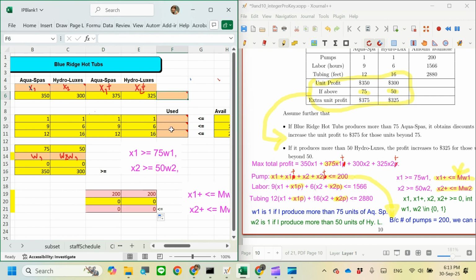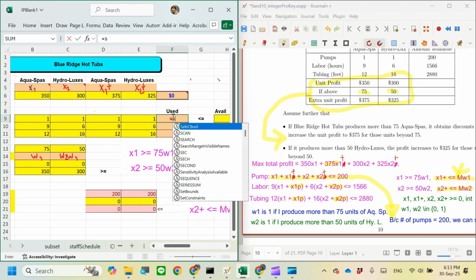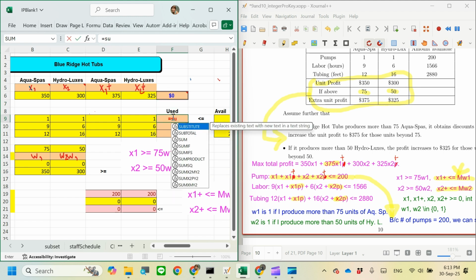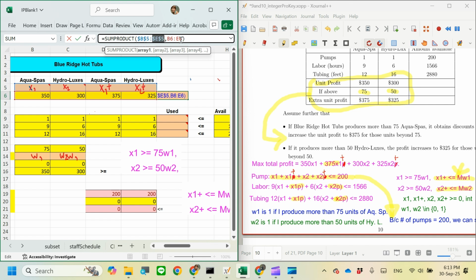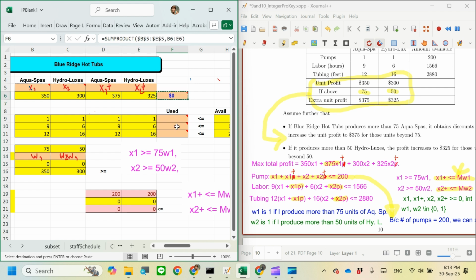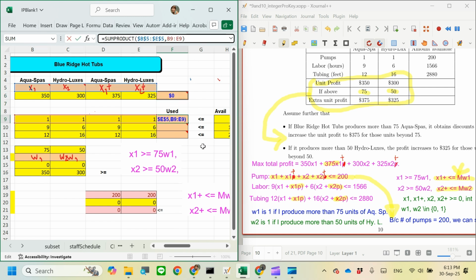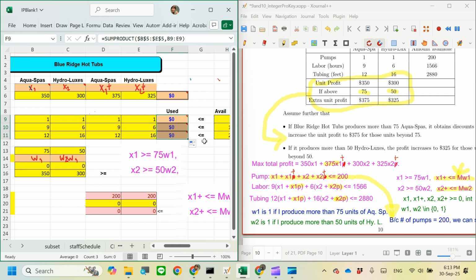And then we have to figure out the total profit, which is the sum product of the amounts and the unit profits. I think I can just copy. Okay, it works, so I can just copy them down.